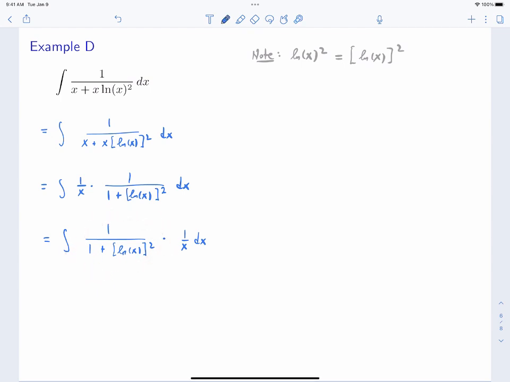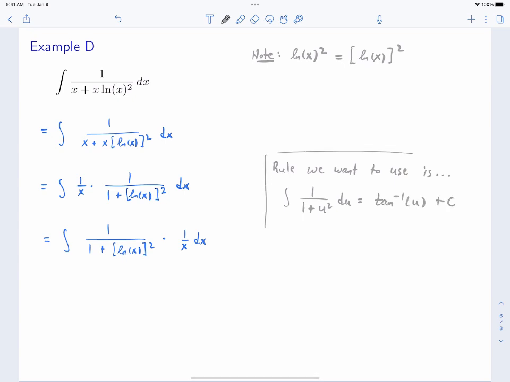So the rule that we want to use is the inverse tangent rule. It's the integral of 1 over 1 plus u squared du is inverse tangent of u plus a constant.